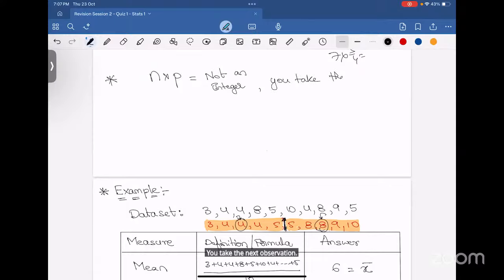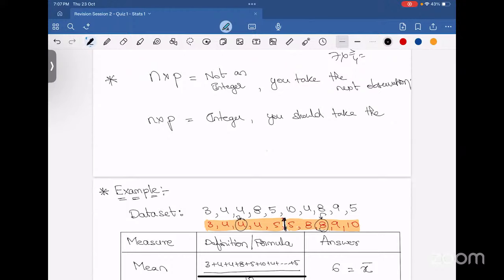So if np we get is 3, then we can just take the third observation, right? No. If np is an integer, then you should take the mean of this integer observation and the next observation.